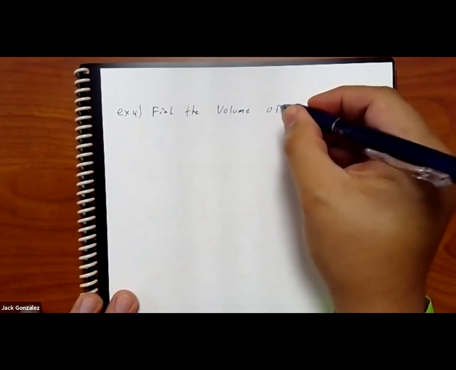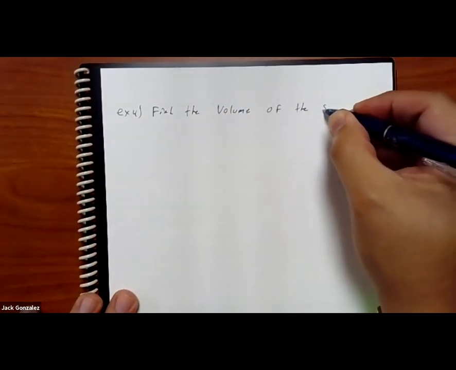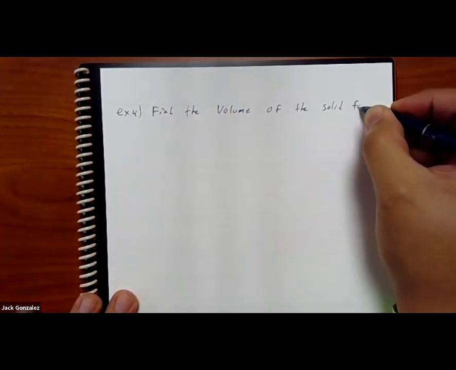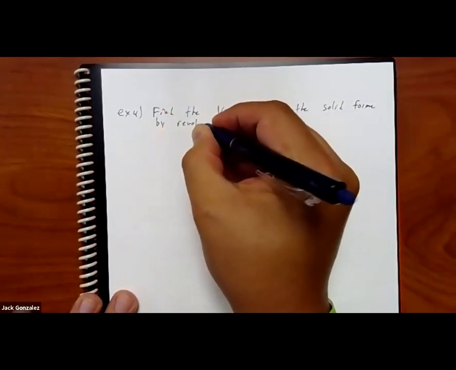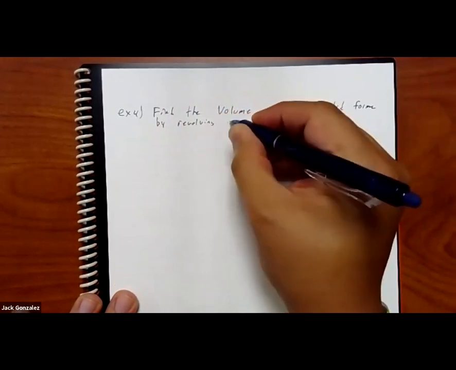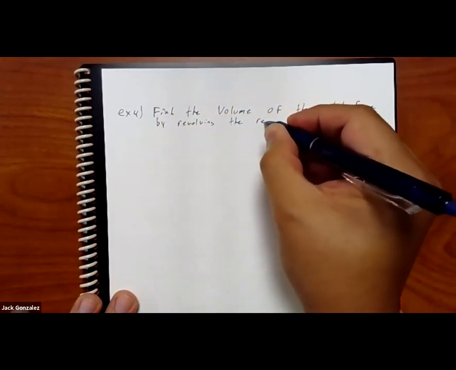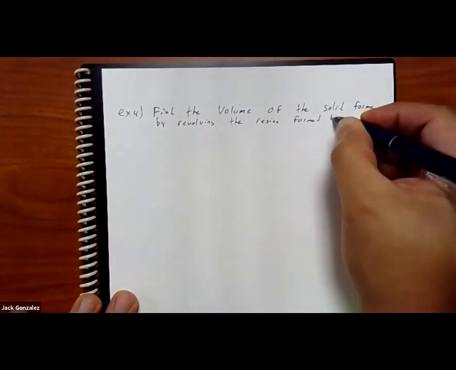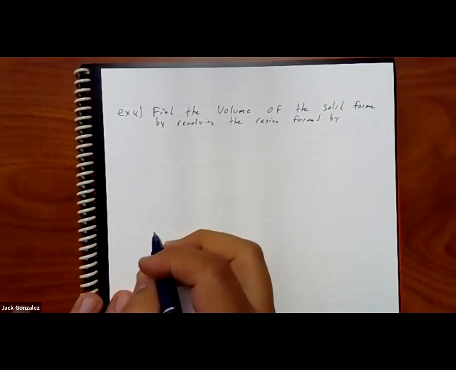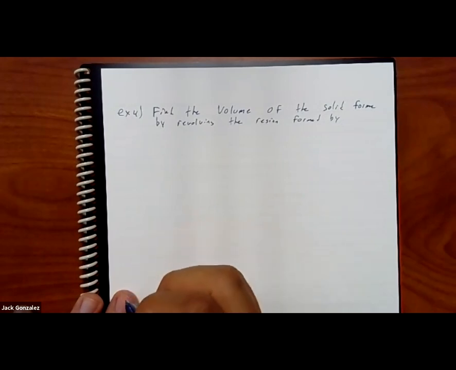Find the volume of the solid formed by revolving the region formed by the following. Let's see here.